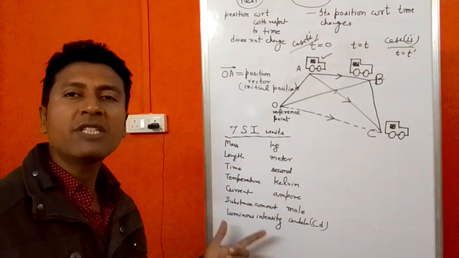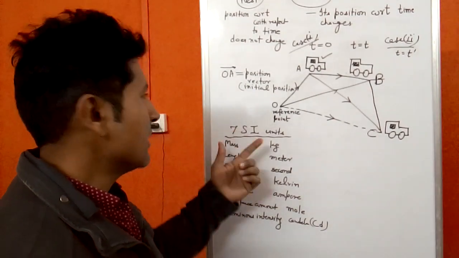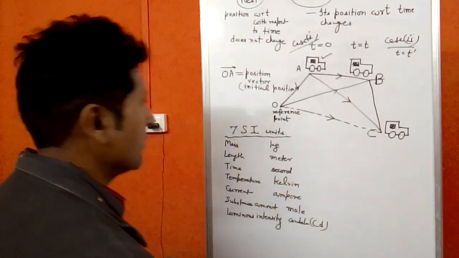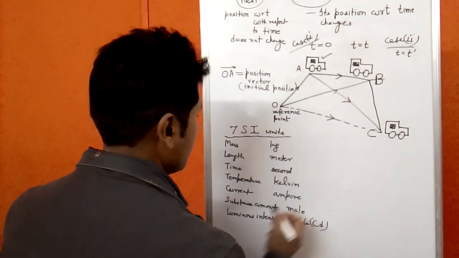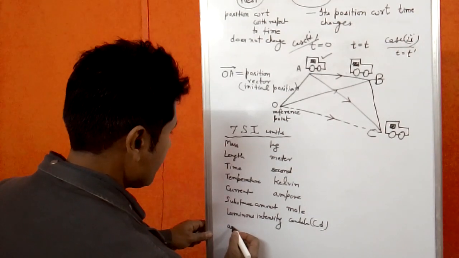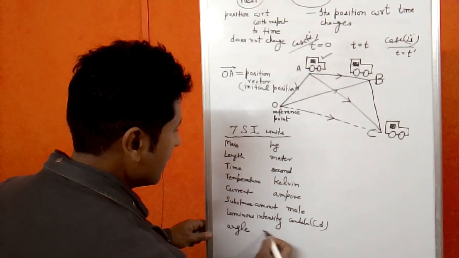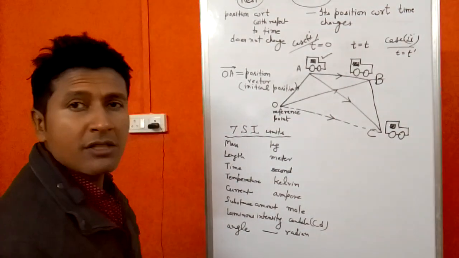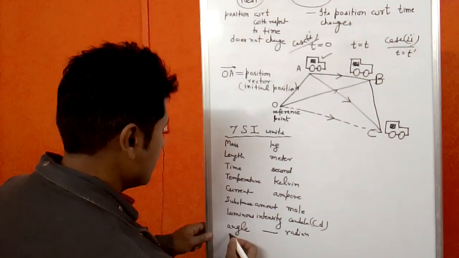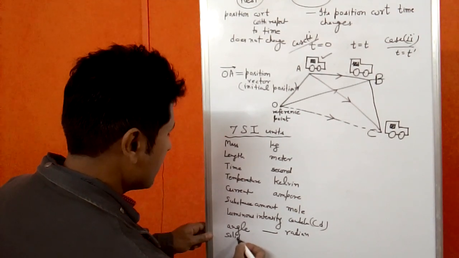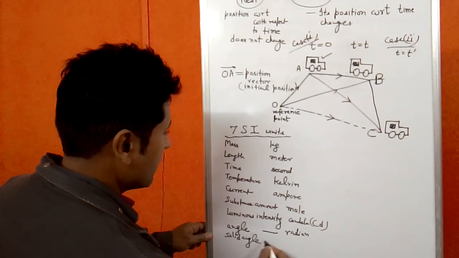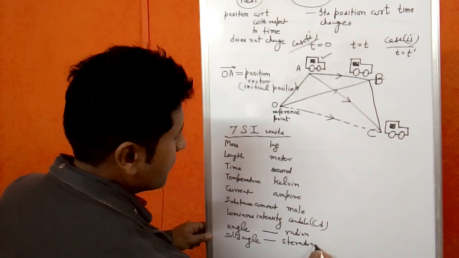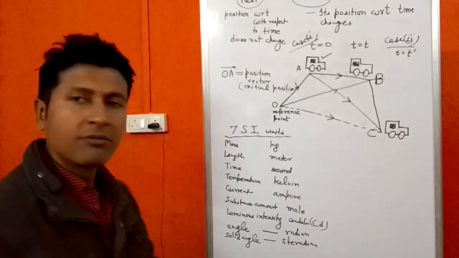Now, apart from these 7 SI units, we have 2 other units, that is angle, it is measured in radian, and then solid angle is measured in steradian, right?